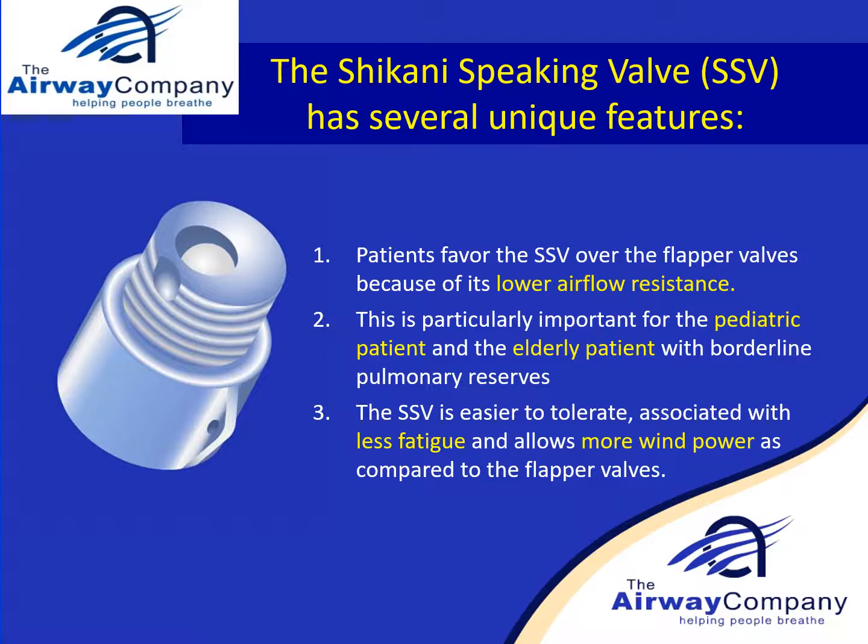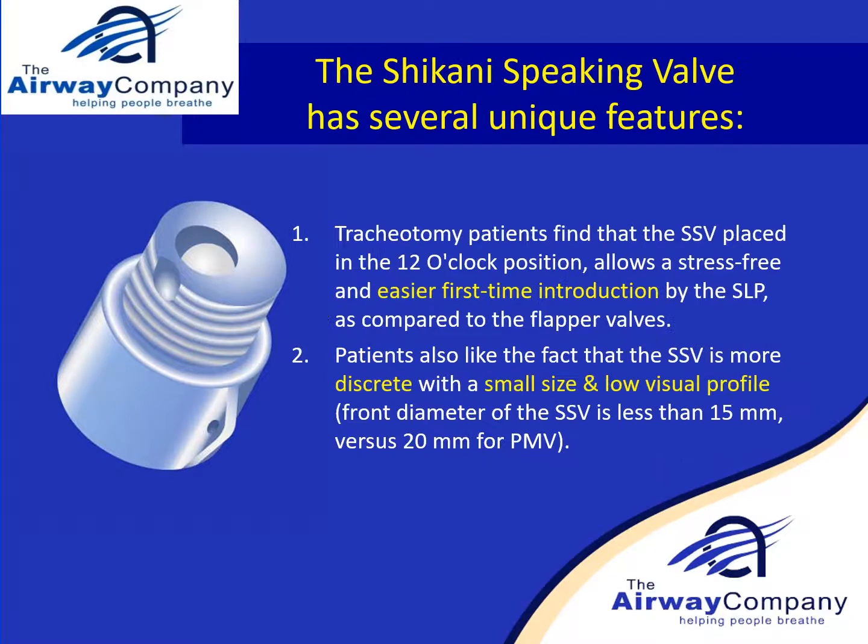The Shikani speaking valve has several unique features. The patient favor the valve over the flapper valves because of its lower airflow resistance. This is particularly important for the pediatric patient and the elderly patient with borderline pulmonary reserves. The valve is easier to tolerate and associated with much less fatigue and more wind power as compared to the flapper valves.